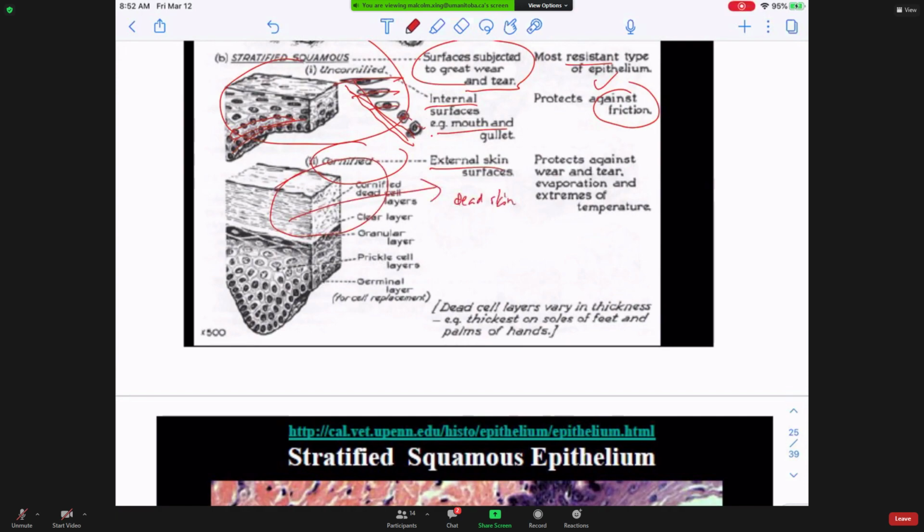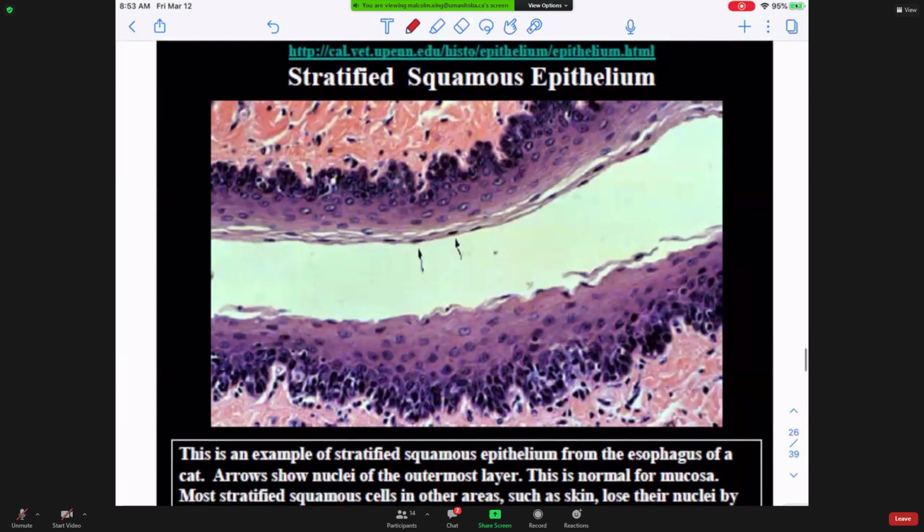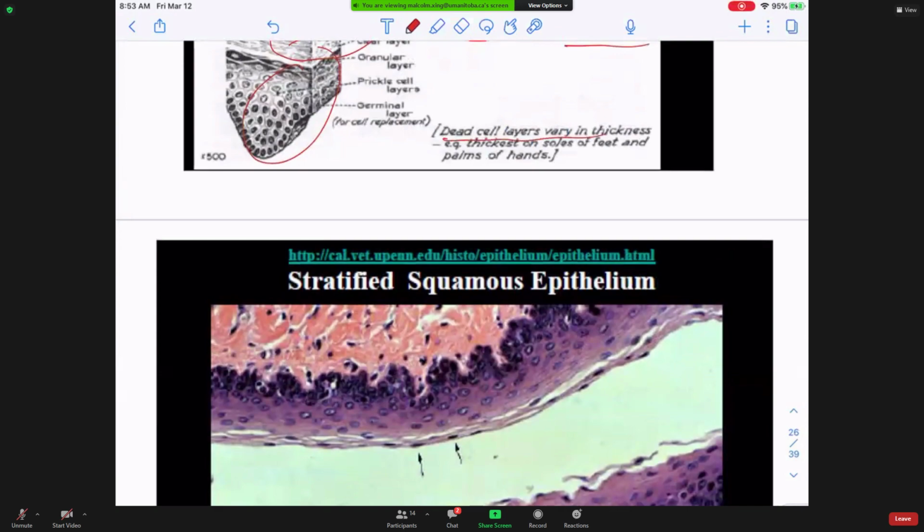Every day this layer comes off, then a new one grows, but there are no living cells there. It protects against wear and tear, evaporation and extremes of temperature. Like we said, dead cell layers, varying in thickness.